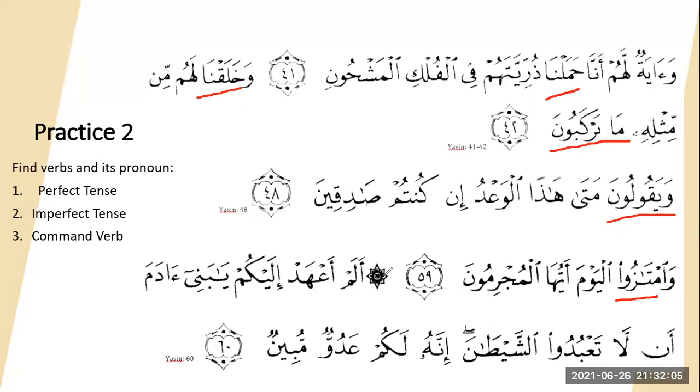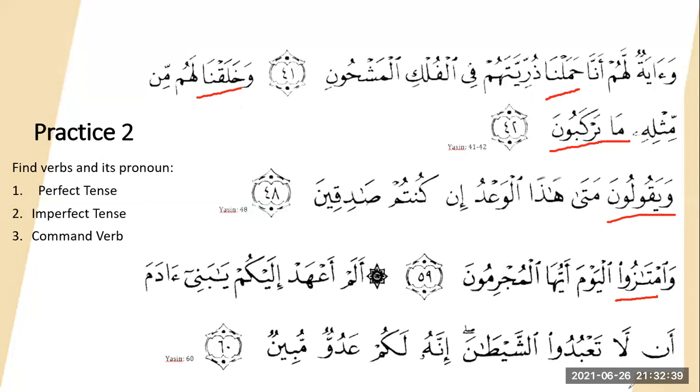Those who are criminals, or those who committed crimes, al-mujrimun. So what kind of verb is wamtazu? It's a command verb, fi'il amr. Actually it's imtazu, but because of the wa in front, to make it easier for speech, it becomes wamtazu.